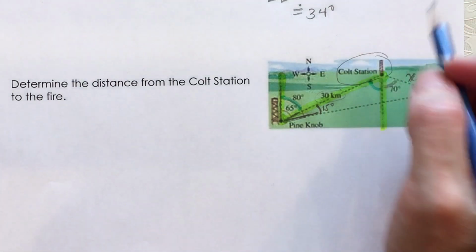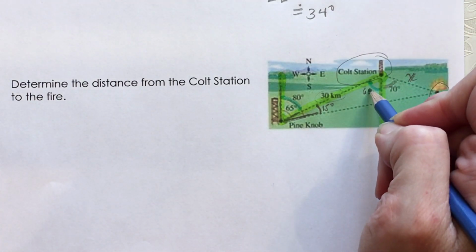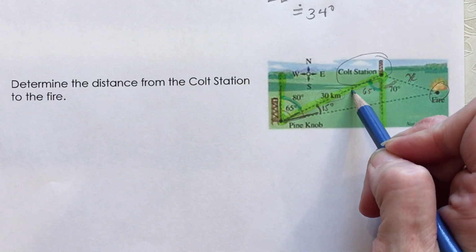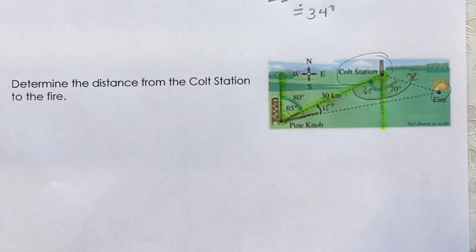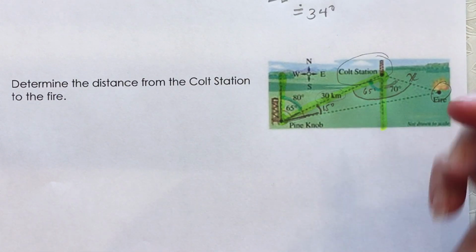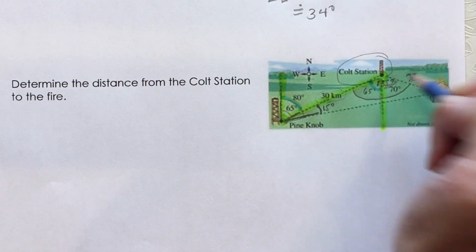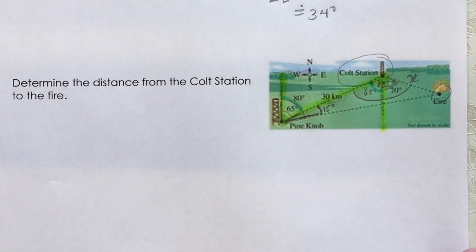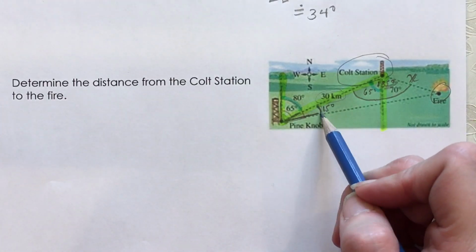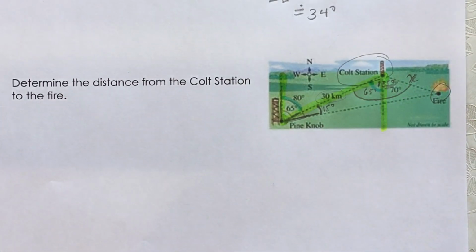So that makes this angle in here 65 degrees. So that this total angle here is going to be 65 plus 70 degrees, which is 135 degrees in there. So now we know this angle is 15, and that's 135.